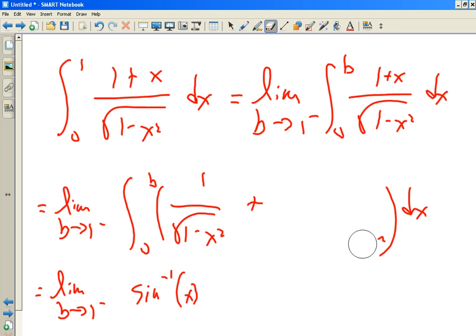I'll give you a hint. Power rule thing. Who's u? 1 minus x squared. So who's du? Negative 2x dx. So replace x dx with negative 1/2 of du. Right.